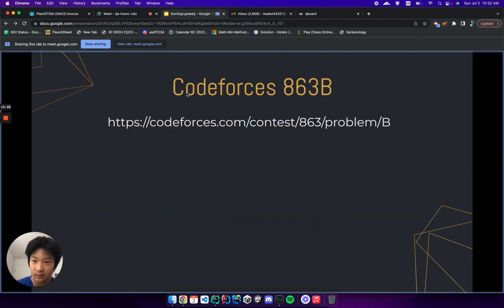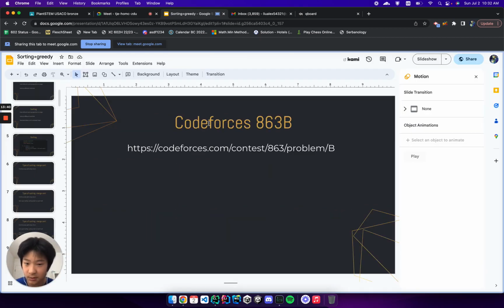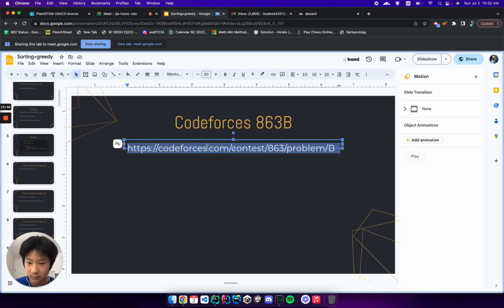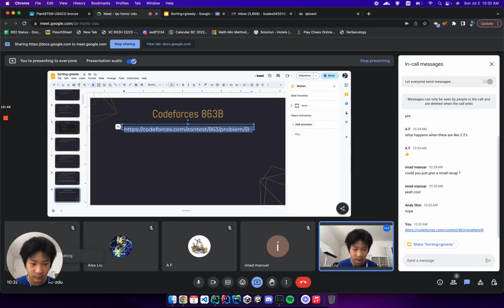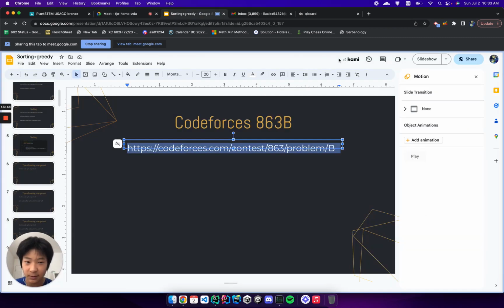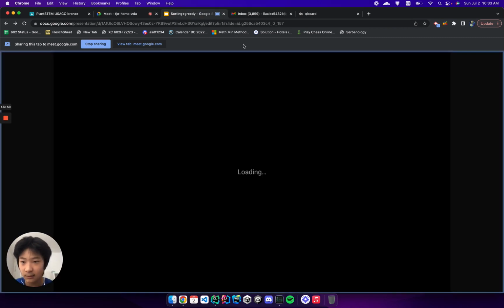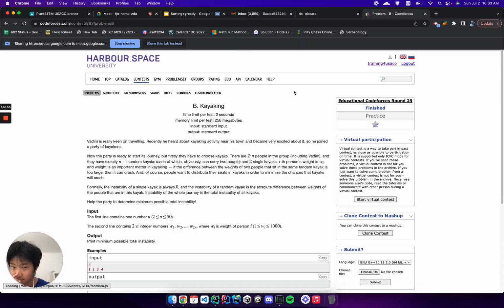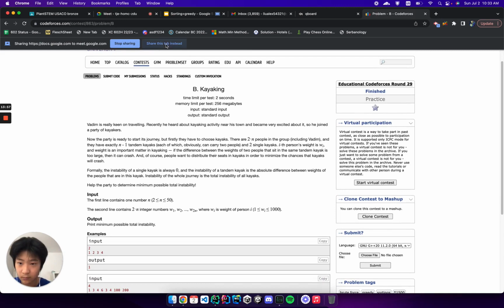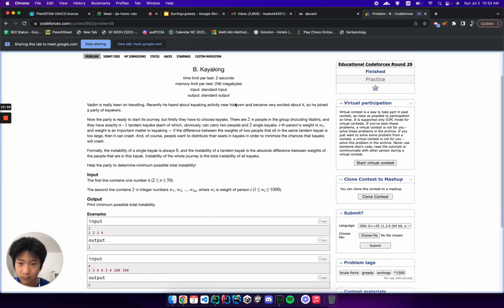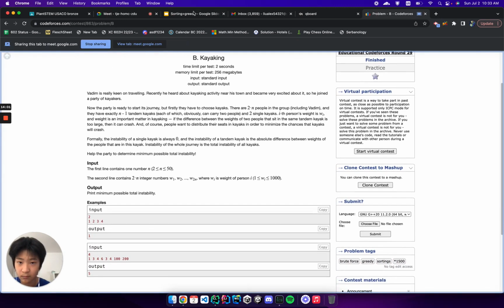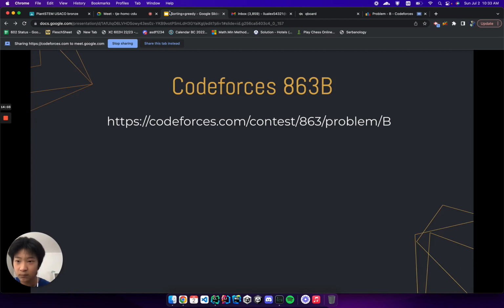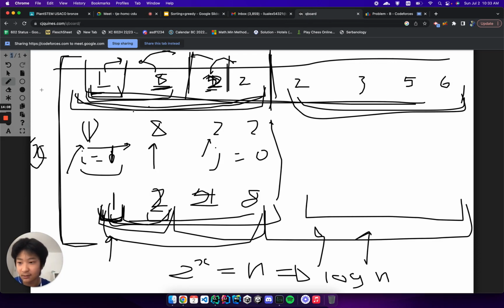Okay, so a practice problem for sorting. It's not really for sorting specifically, but it uses sorting as the algorithm. So yeah, I'll give you guys a couple minutes to think about it.